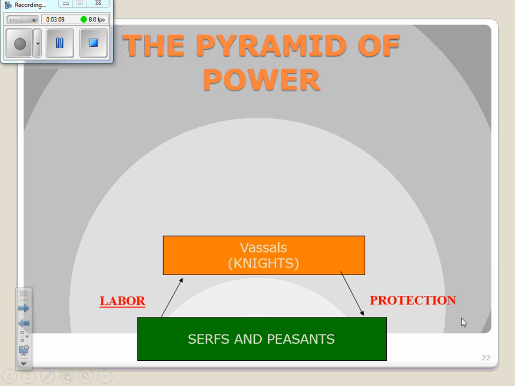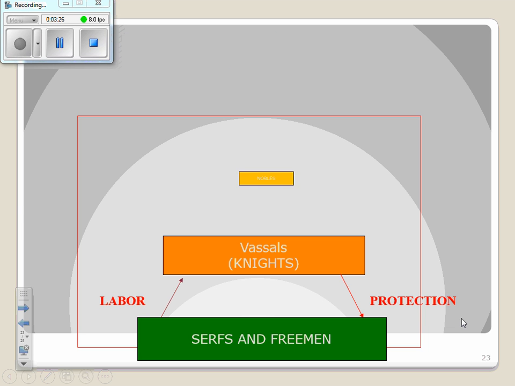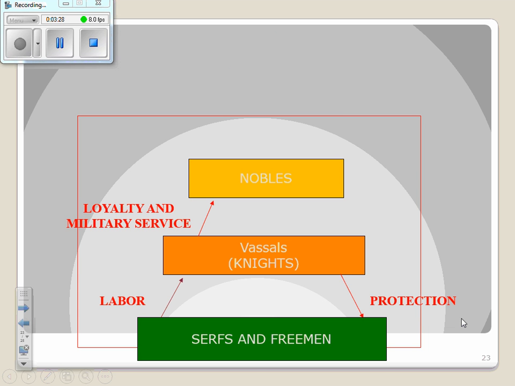So the serfs and peasants provide labor to the vassals or the knights. They work the land, they farm the land, and they give that service to the knights. And the knights, in turn, provide protection to the serfs and peasants. They don't let anything happen to them. All right? Easy enough. Then we have the nobles.